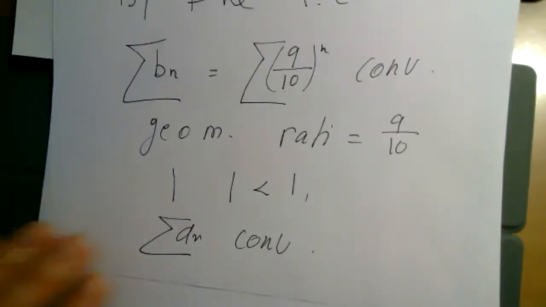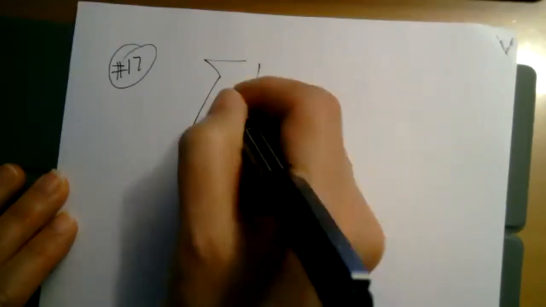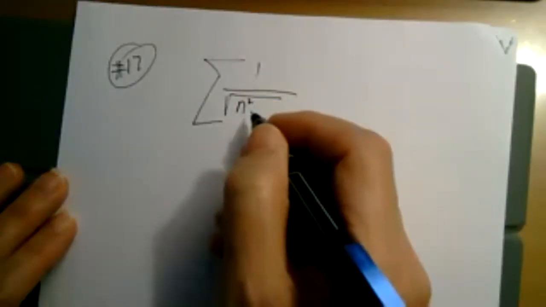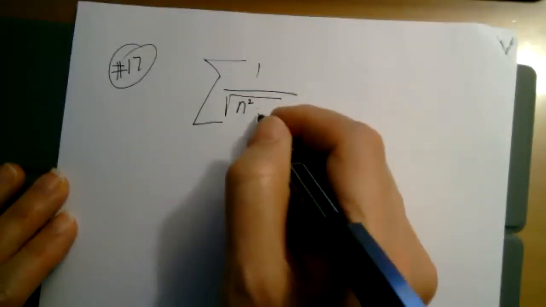All right, so now let's look at the other problems that you guys asked about. So it's number 17. Let's look at number 17. Okay, so what is it? 17 is sigma 1 over the square root of n squared plus 1, from 1 to infinity.